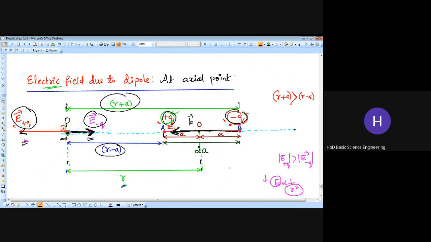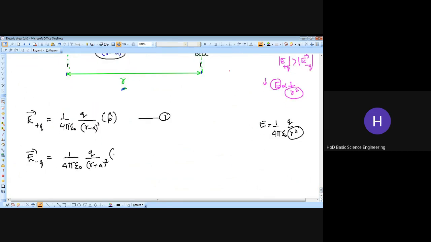So they are acting in opposite directions. Therefore, I will write this as minus P cap. What does this minus sign indicate? The direction of the electric field is opposite to the direction of the dipole moment. Is it clear?